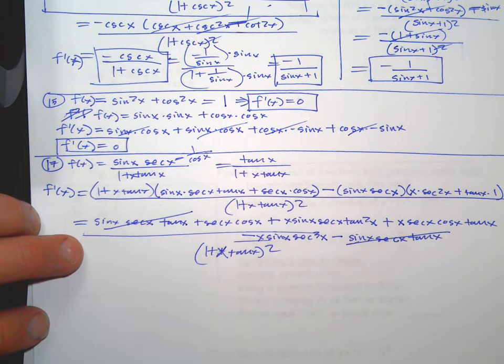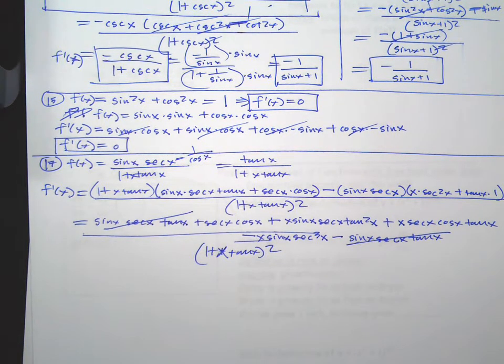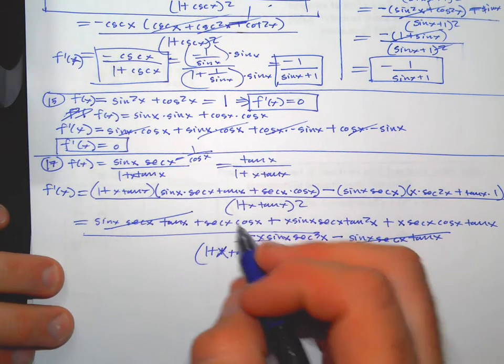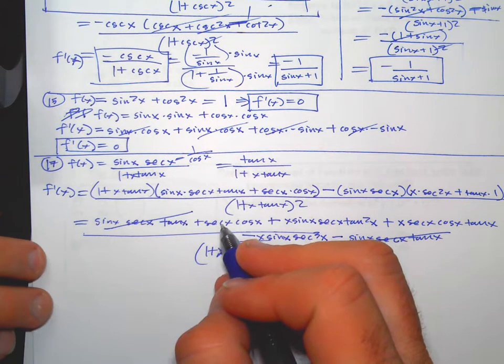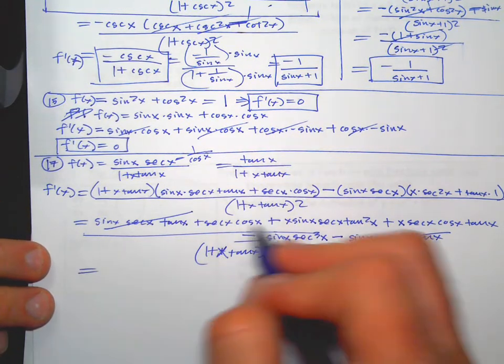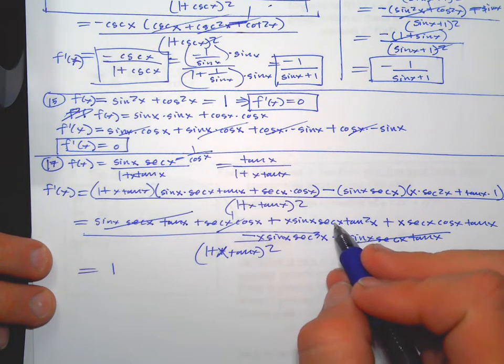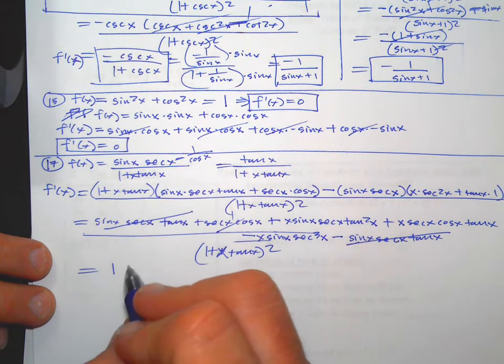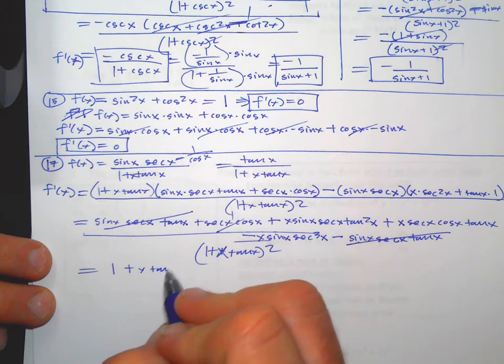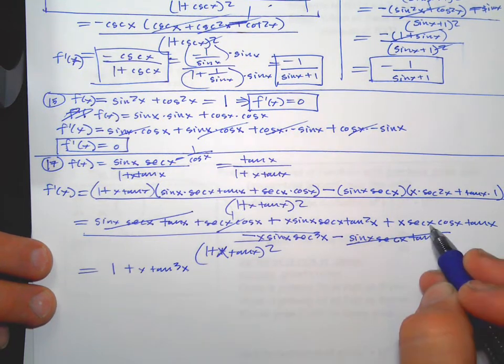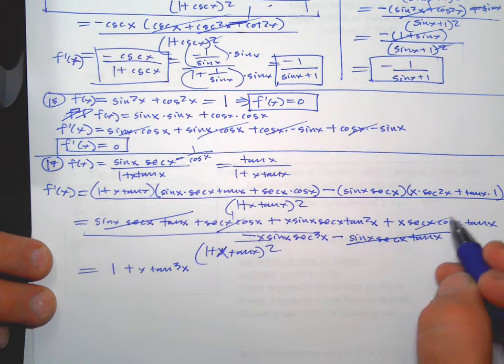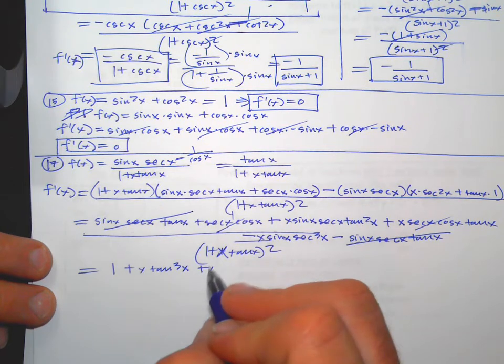We could change some of these. Secant's 1 over cosine, so that's really just 1. And then secant is 1 over cosine, so we could say that's x tangent cubed. And secant's 1 over cosine, so those cancel each other out. So that's x tangent x.